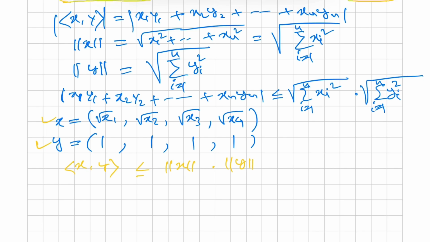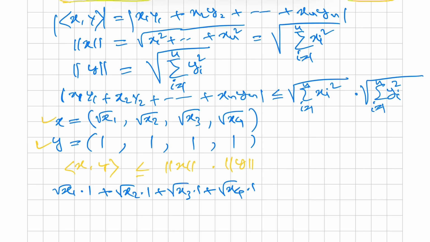The inner product of x and y is given by x1 y1 plus x2 y2 and so on. So the inner product is square root of x1 into 1 plus square root of x2 into 1 plus square root of x3 into 1 plus square root of x4 into 1.